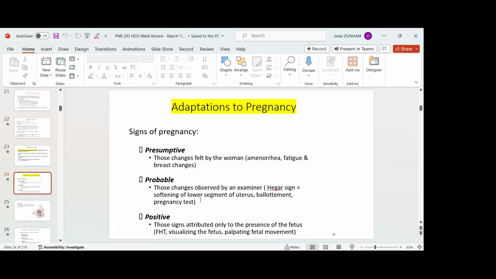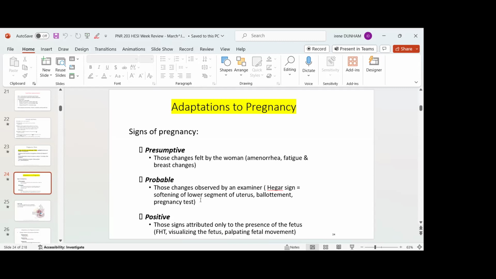Now, a positive sign. That's probably really obvious, folks, okay? Because with these other signs, something else could have caused it, especially the presumptive. If she has amenorrhea, well, maybe she just skipped a period. If she has nausea and vomiting, well, maybe she's got a stomach flu. You get what I mean by this? But a positive sign is something where we do an ultrasound and there's a fetus.